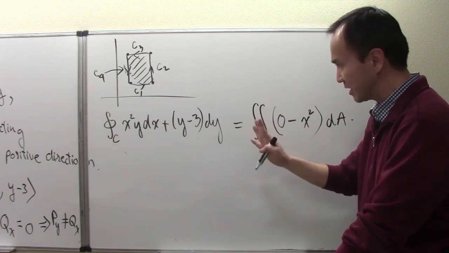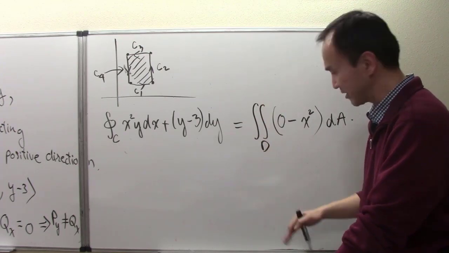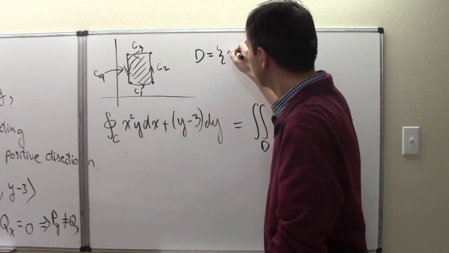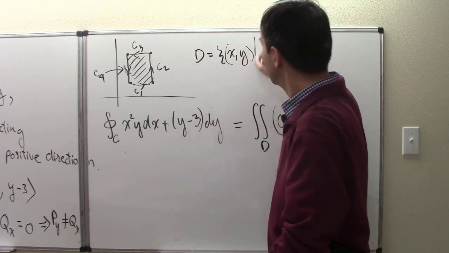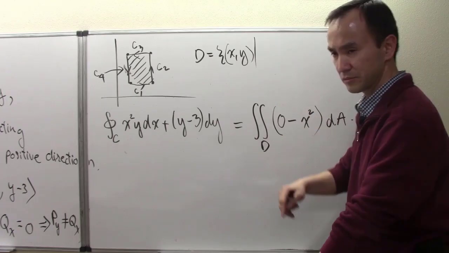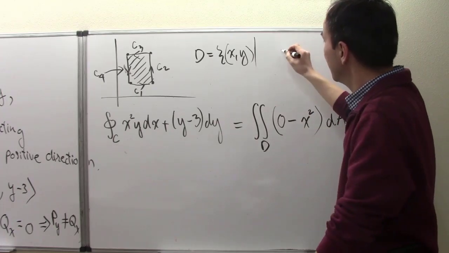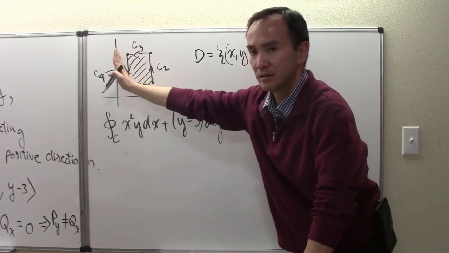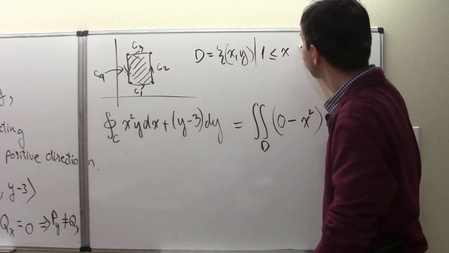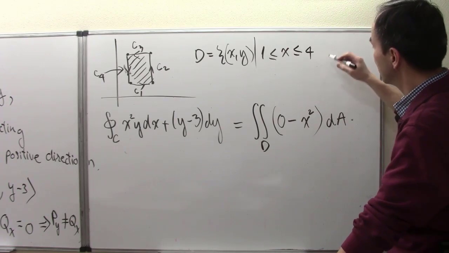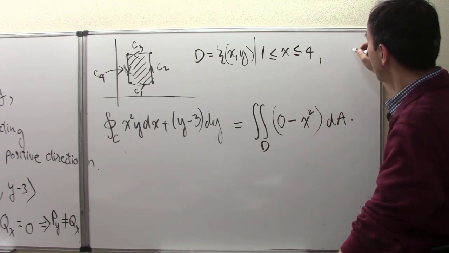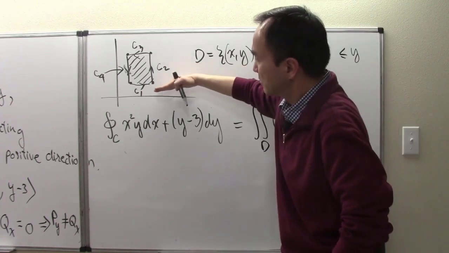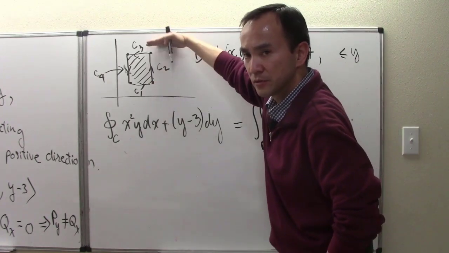Now with this problem, it's going to turn out very simple. This region D will now have the following description in rectangular coordinates. x changes anywhere from 1 to 4, and y changes anywhere from 1 to 5.